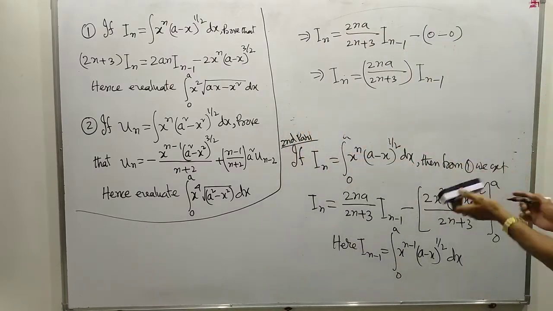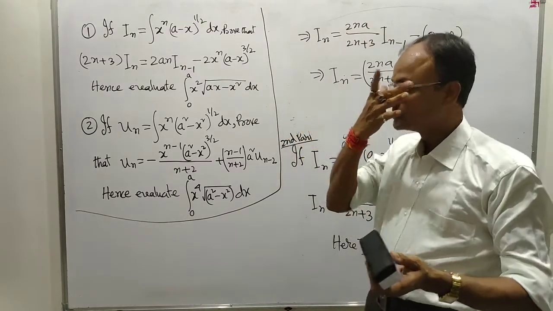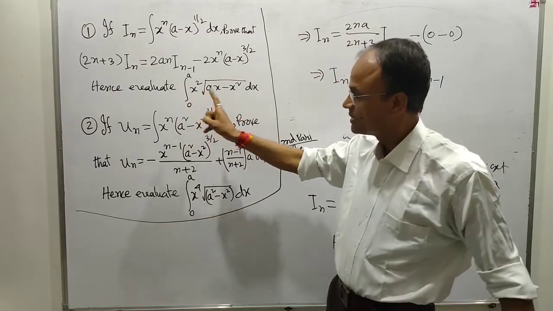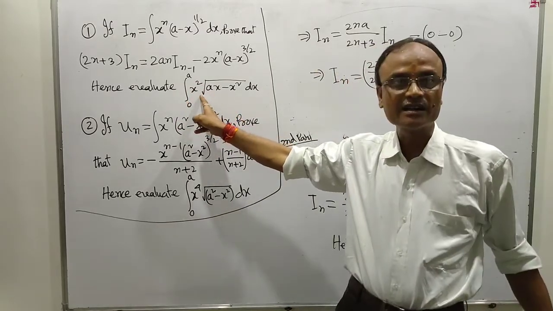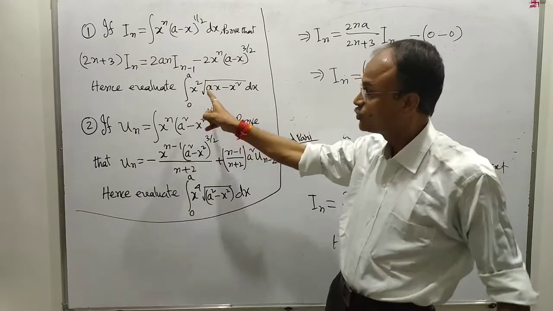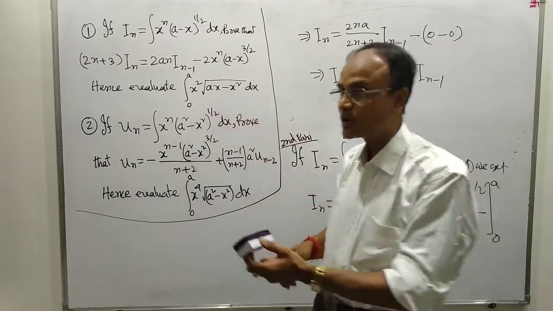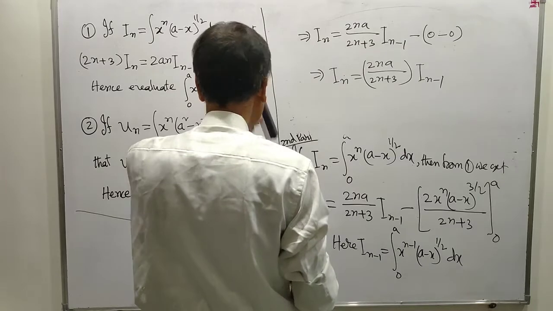Now, our aim is to find the integral from 0 to a of x square (ax minus x square) whole to the power half dx.